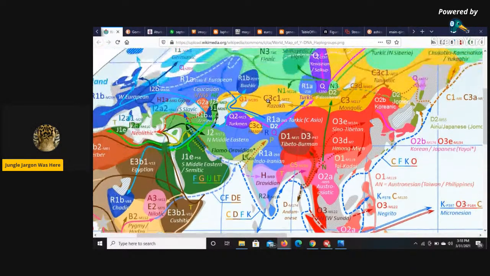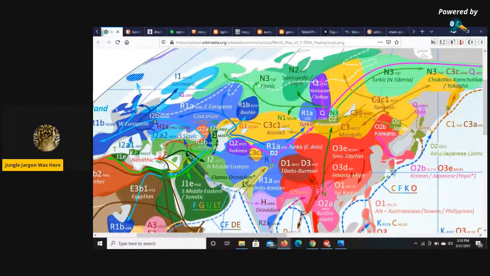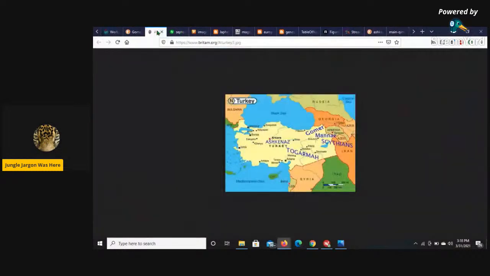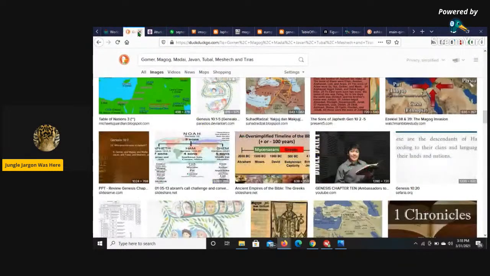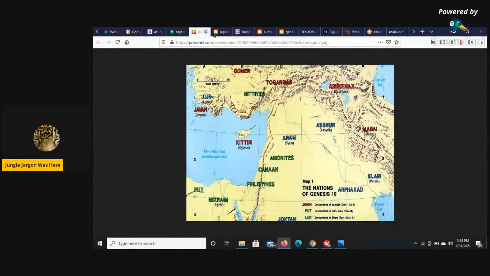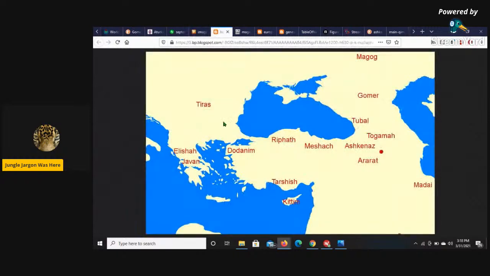And 6 is the R and the Q Y chromosomes. So we have 6 family lines to identify here. 1, 2, 3, 4, 5, 6, 7.